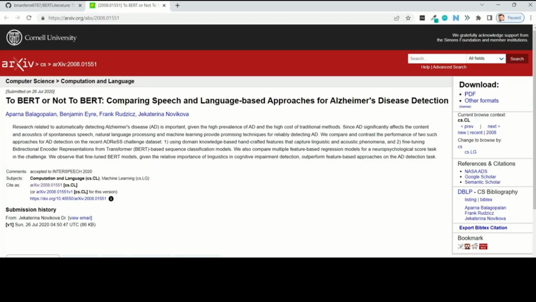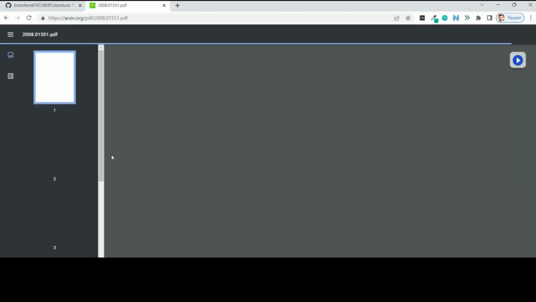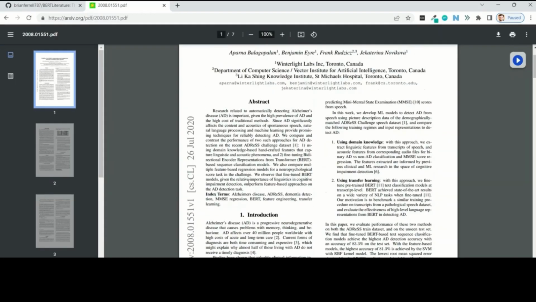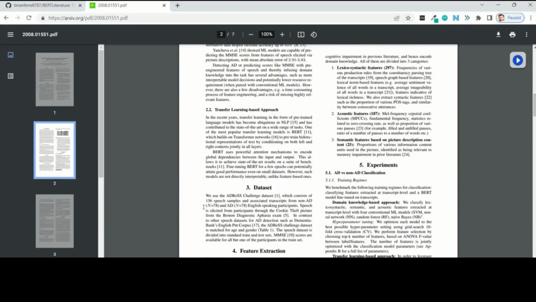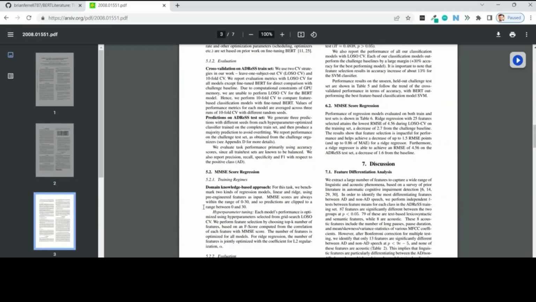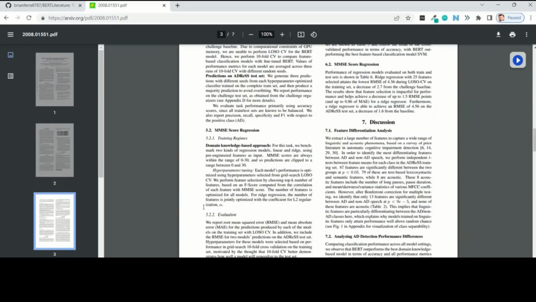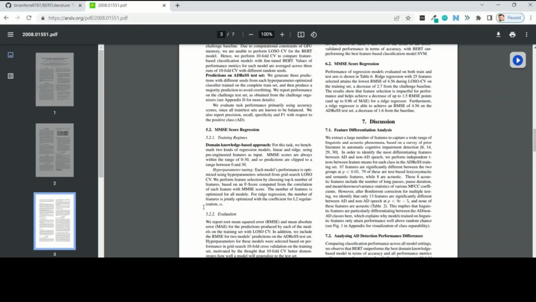This is just another challenge where the data set is quite small, consisting of, I think, 156 speech examples, where they split the data 50-50 between non-Alzheimer's and Alzheimer's participants. They are tasked with describing a picture, and predicting whether this was somebody with Alzheimer's or not.